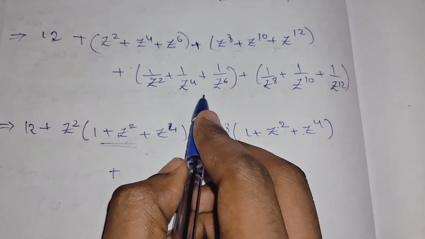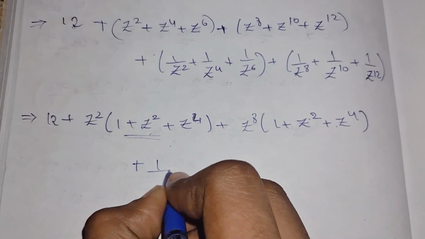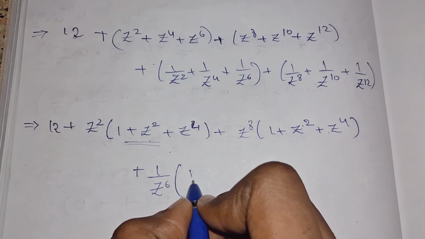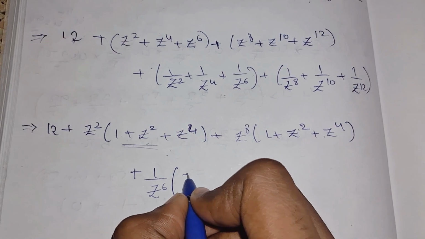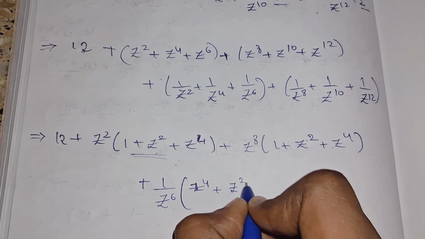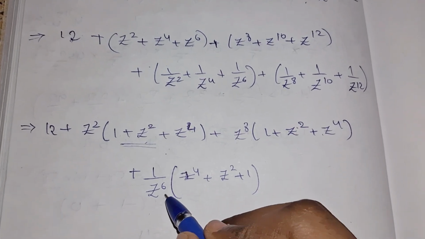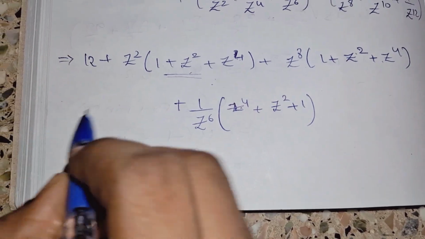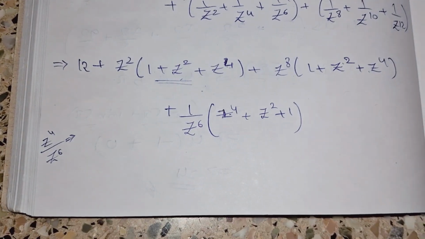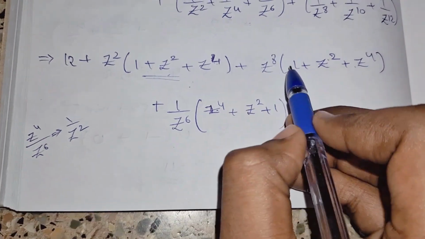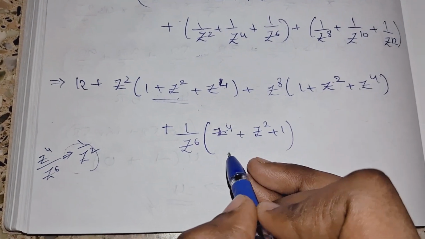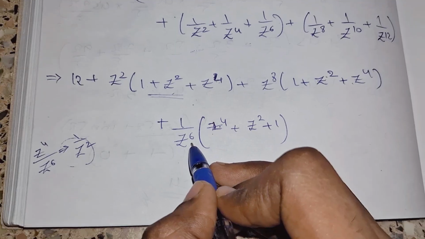Now for this term I will take 1 by z to the power 6 common, so I will be left with z to the power 4 plus z square plus 1, because when we divide z to the power 4 by z to the power 6, we will be left with what? 1 by z square, that is nothing but this term only, right? So this term we can substitute as z to the power 4 by z to the power 6.